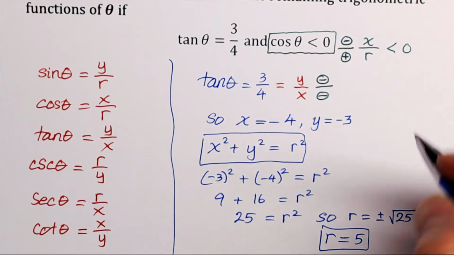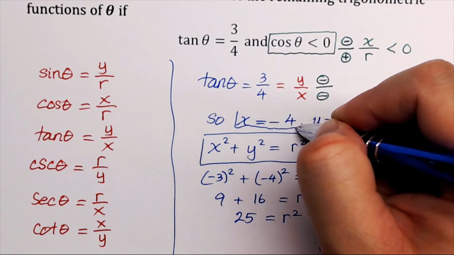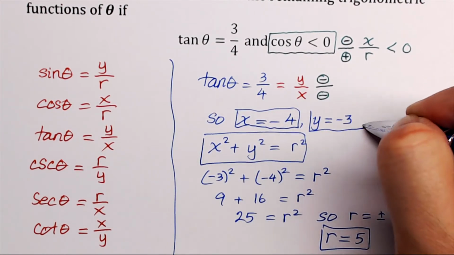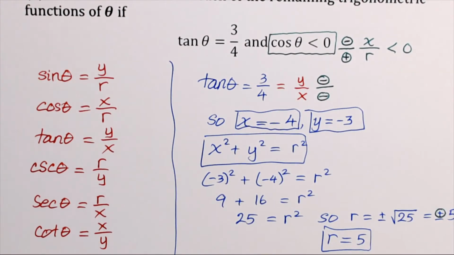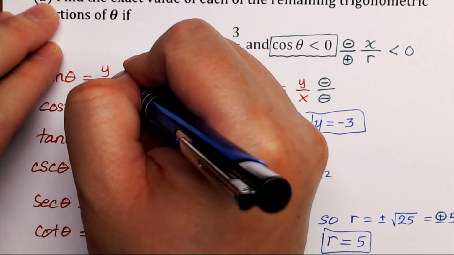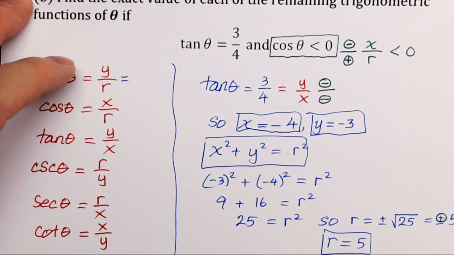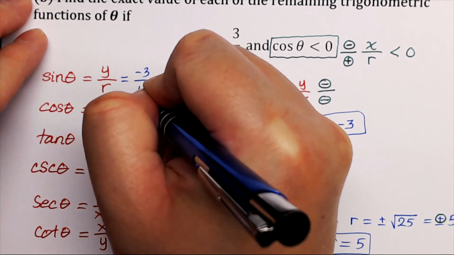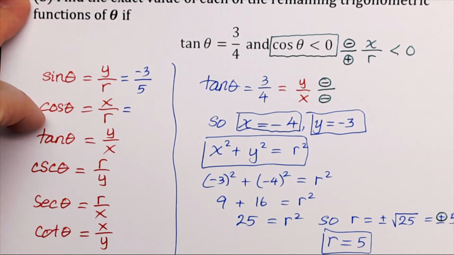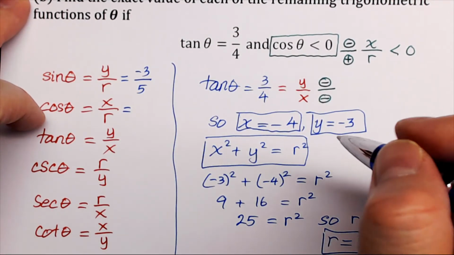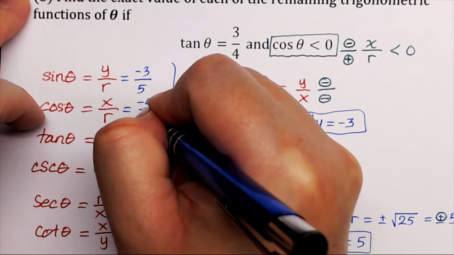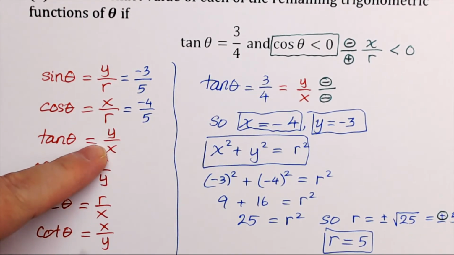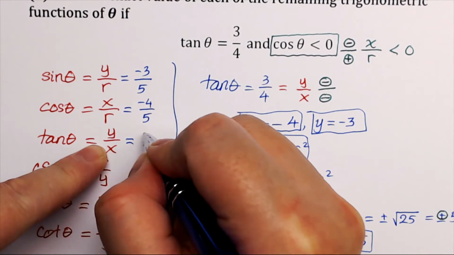So we have r, x, and y. Put them back in the ratios, and that will be it. Sine is y over r, negative 3 over 5. Cosine is x over r, negative 4 over 5. Tangent, this one is given.